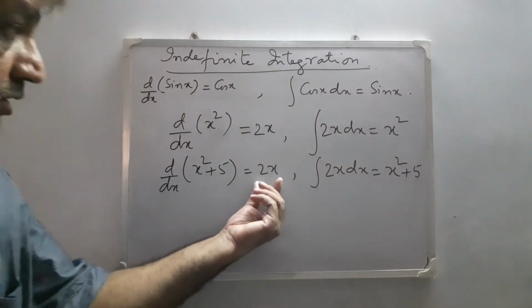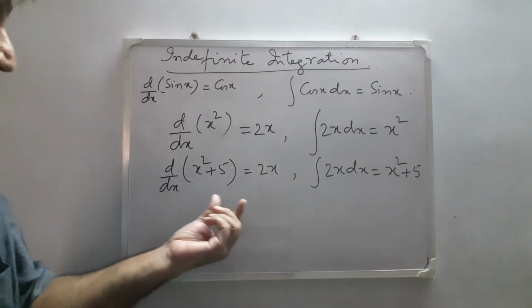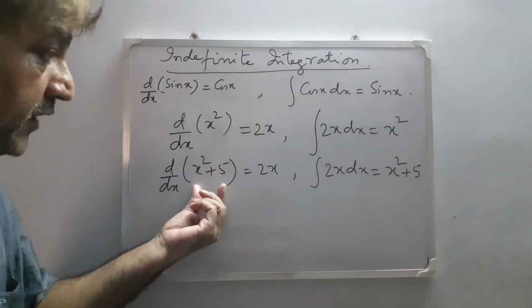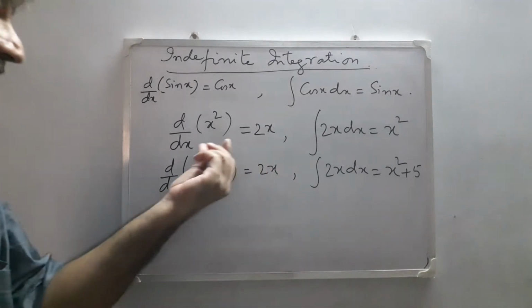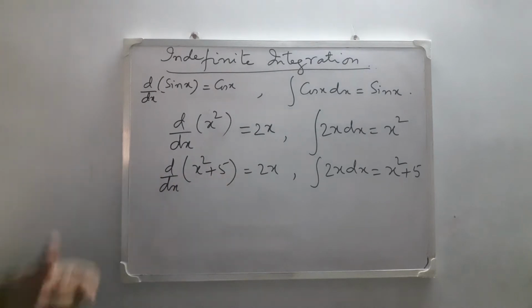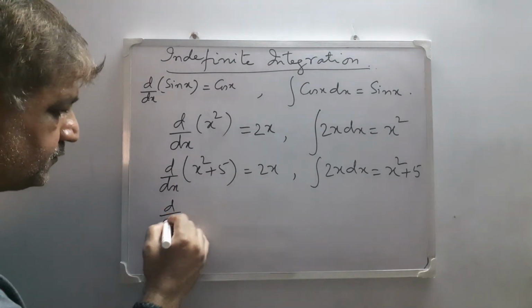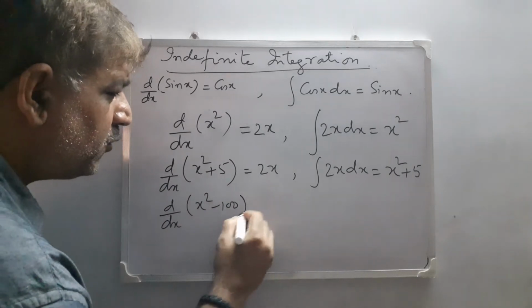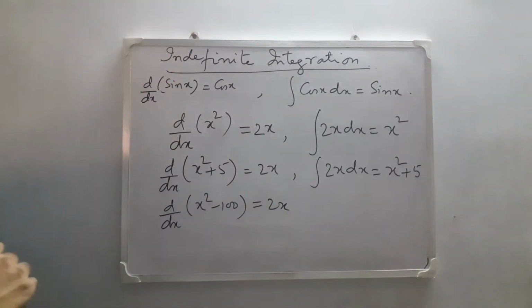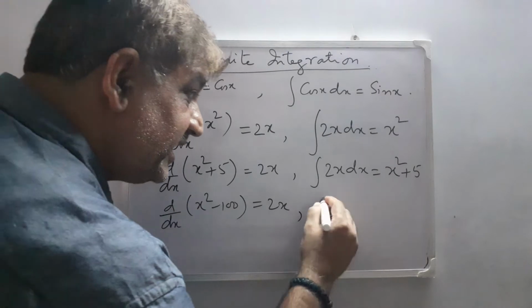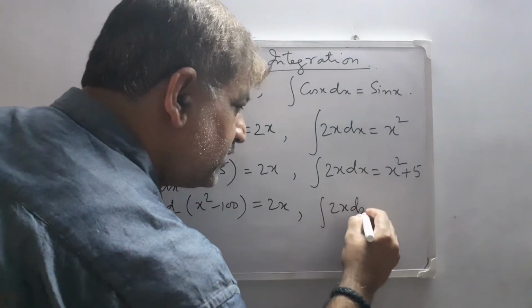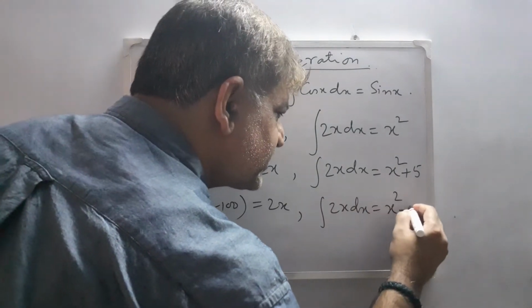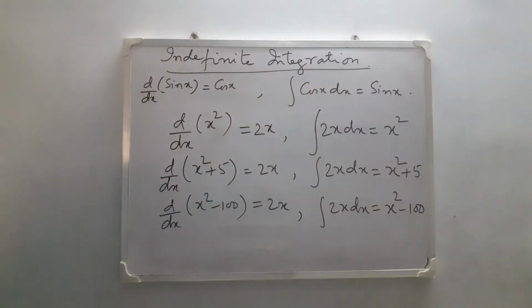Very simple, because this 2x is obtained by differentiating this function. So when we integrate it, we get the original function. Okay. Now d/dx of x square minus 100. What will you get here? You will get 2x. Then the integral of 2x dx is x square minus 100.